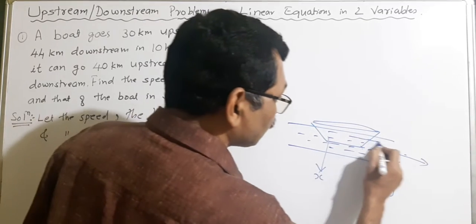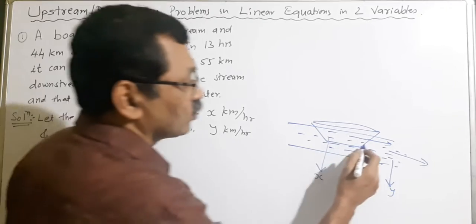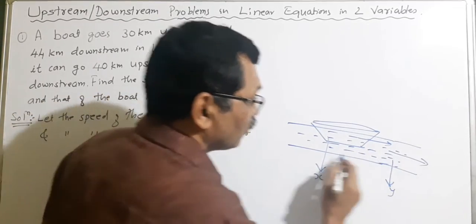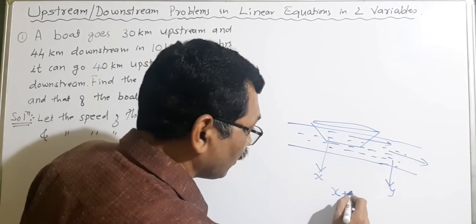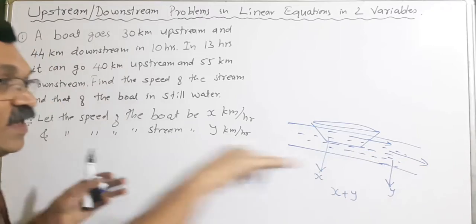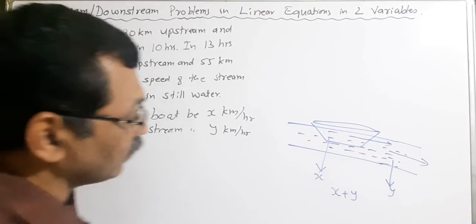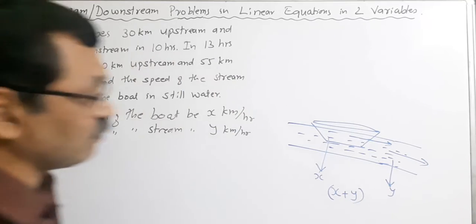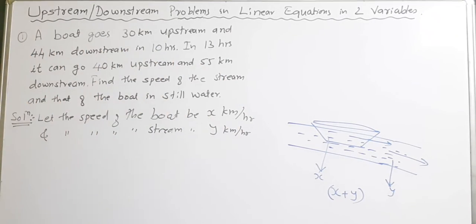The boat is also going in this way. Suppose we consider downstream: the boat goes along with the stream. So the speed of boat plus the speed of stream, because the boat goes downward as well as the stream also goes downward. So it goes along with the stream, and the total speed will be speed of boat plus speed of stream.